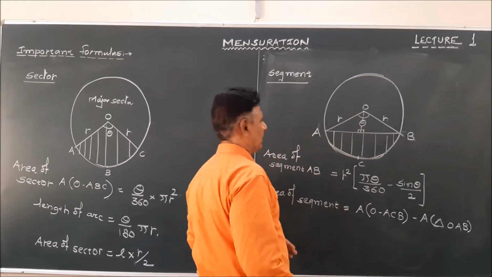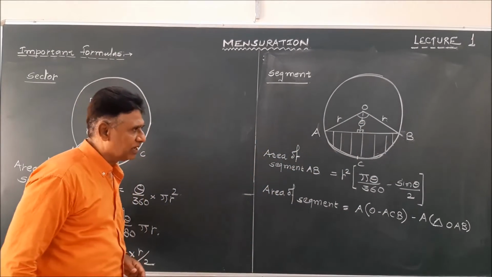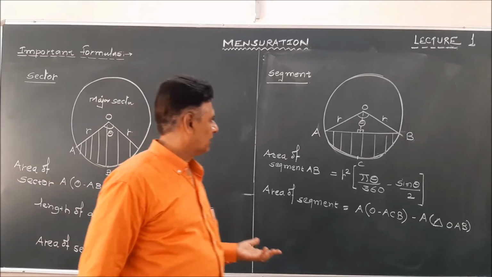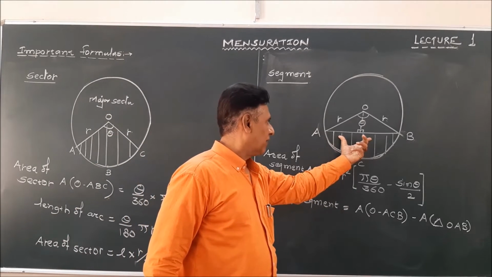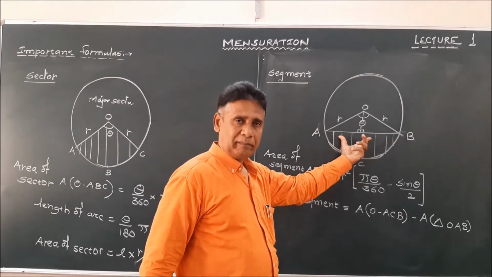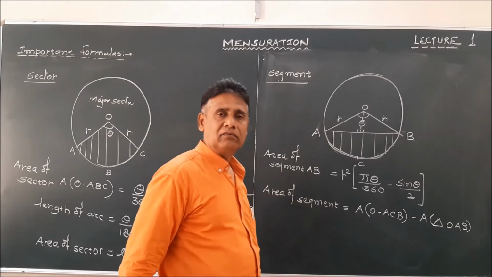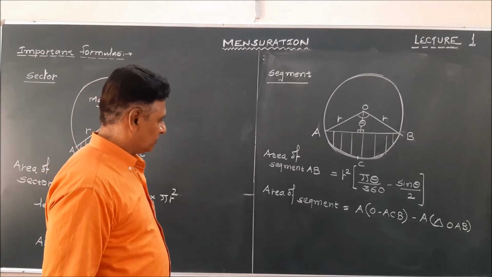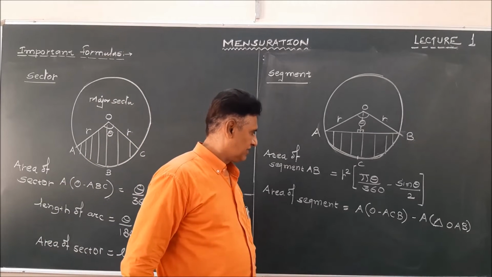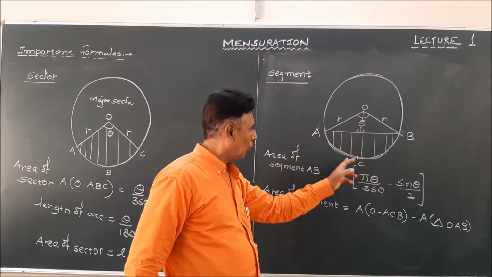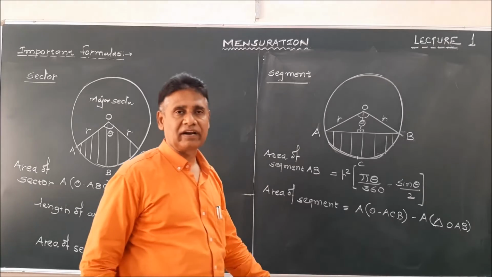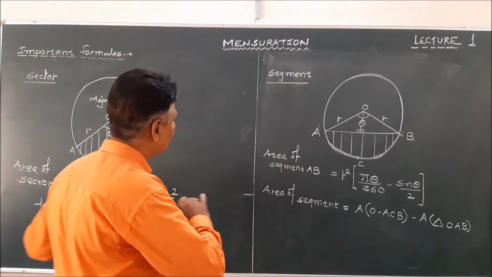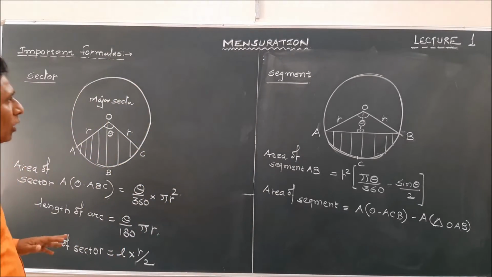Perpendicular drawn from center to the chord bisects the chord. Then find out the area of triangle, and then area of segment is equal to area of sector OACB minus area of triangle OAB. So these all formulas are over here.